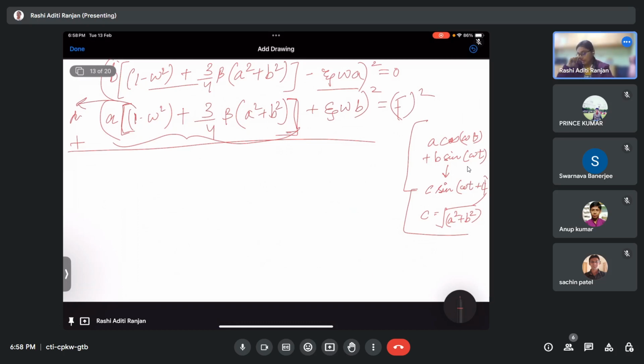So what am I going to get? I'll get B square into D square plus epsilon square omega square A square minus twice of epsilon omega A B D. Correct? On the left hand side. Then I'll have plus A square D square plus epsilon square omega square B square.